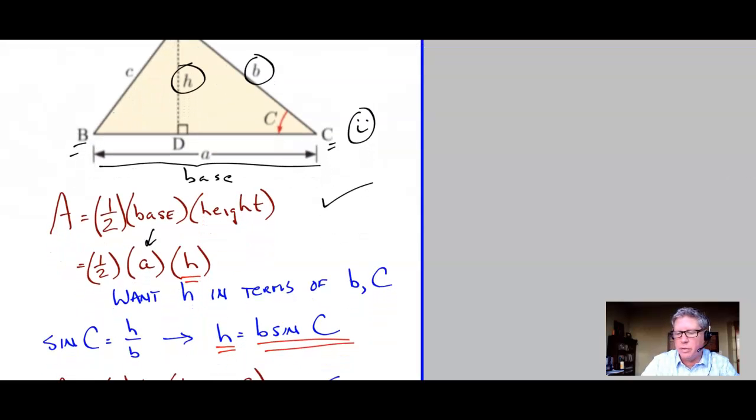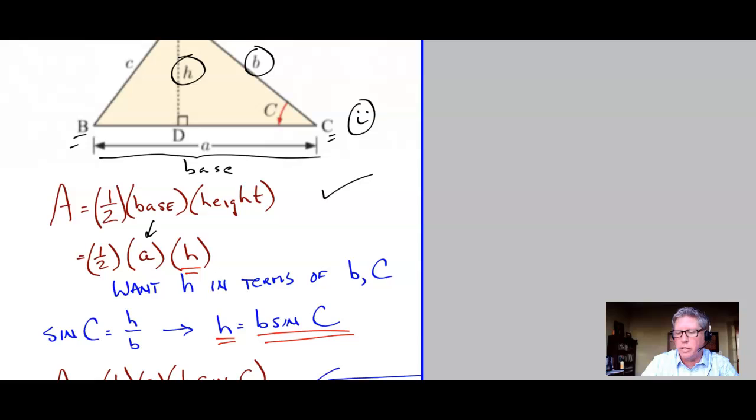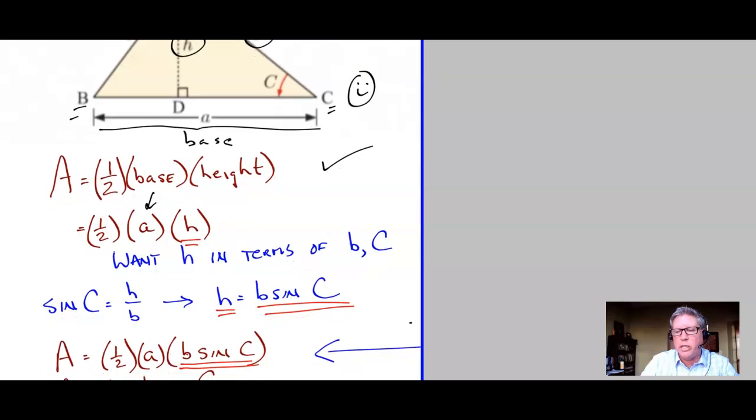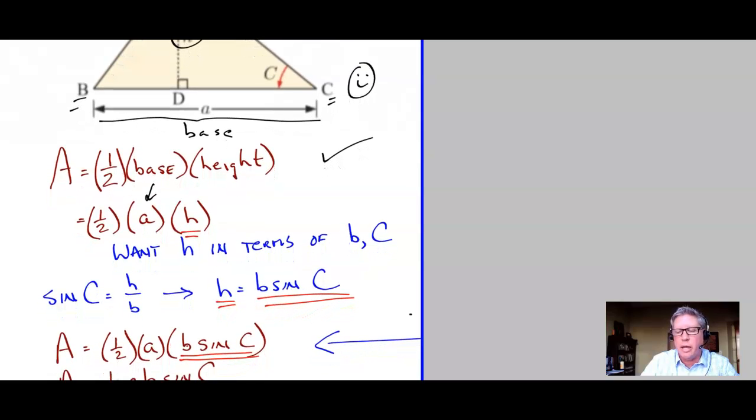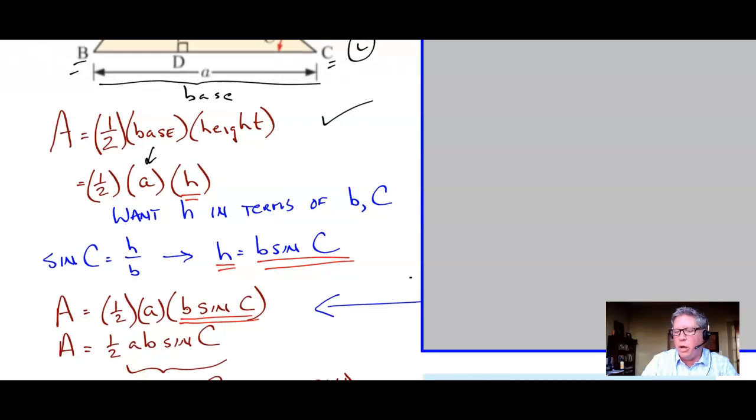So the sine of C is equal to opposite over hypotenuse. There it is. Multiply both sides by b, and we've accomplished our goal. We've rewritten h in terms of little b and capital C. So we're going to substitute this h right there.